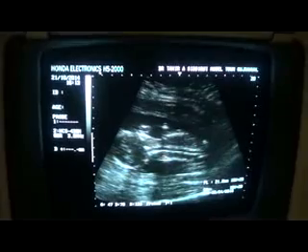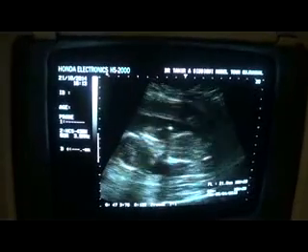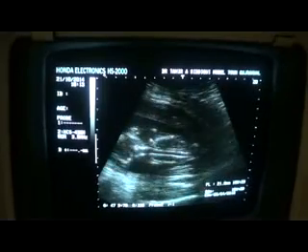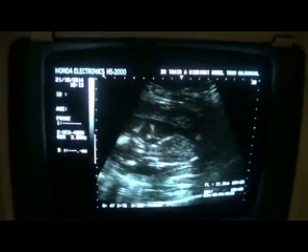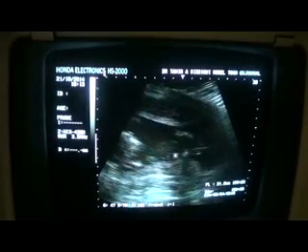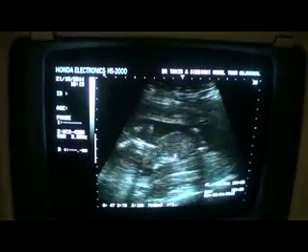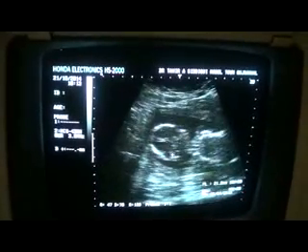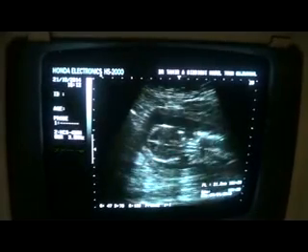This is a transverse presentation, not unusual at this stage. And this is the abdomen of the fetus. You can see the movement of the arms, the movement of the lower limbs, at 16 weeks gestational age.